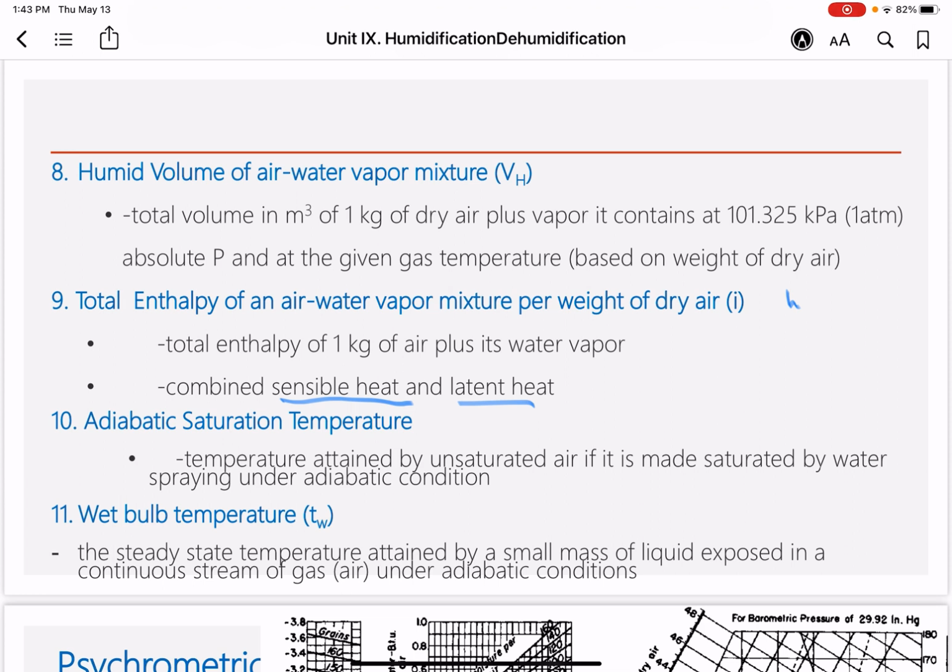It is the steady state temperature attained by a small mass of liquid exposed in a continuous stream of gas under adiabatic conditions. And you are given the equation 9.12, wherein 9.13 is based on the Lewis relation of your air-water system. Okay, anyway, all the equations for these 11 terminologies are given already in your handouts, your module.